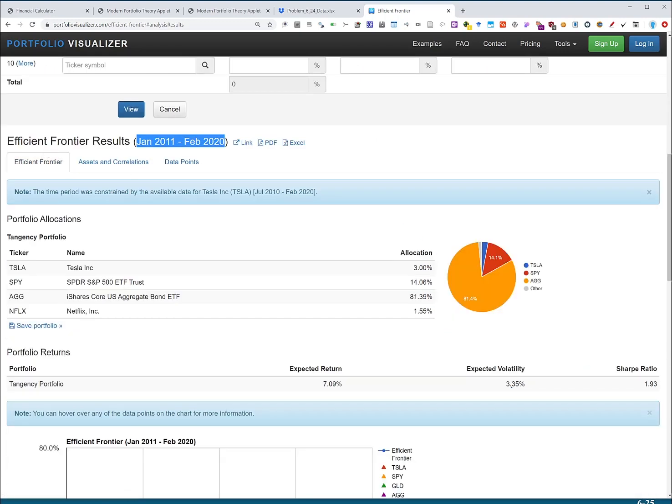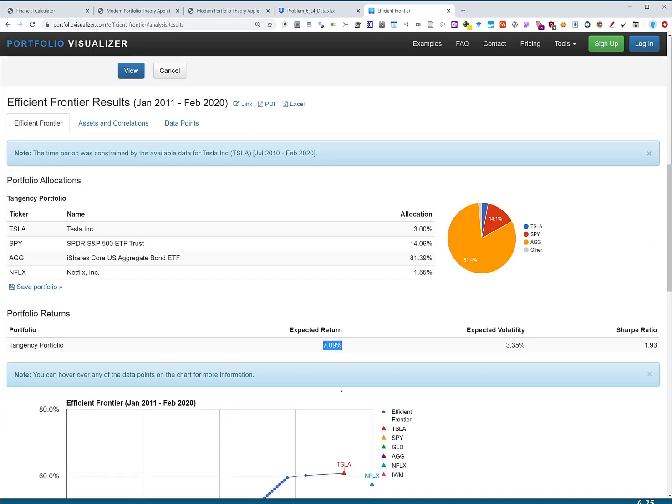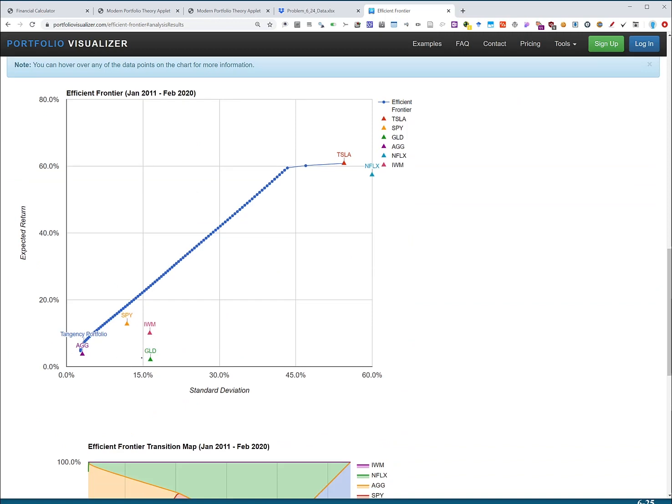And so it's a monthly volatility of 3%, expected return of 7.9. Maybe it's annual, but we have to see how they do their reporting. The Sharpe ratio, though, is pretty much 2, right? So out of the combination of these assets, we can create an optimal risky portfolio that beats any one of these assets in terms of Sharpe ratio.